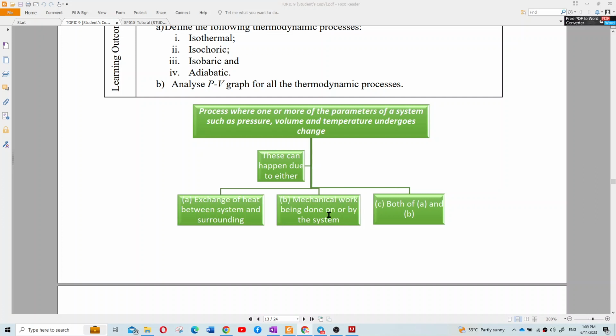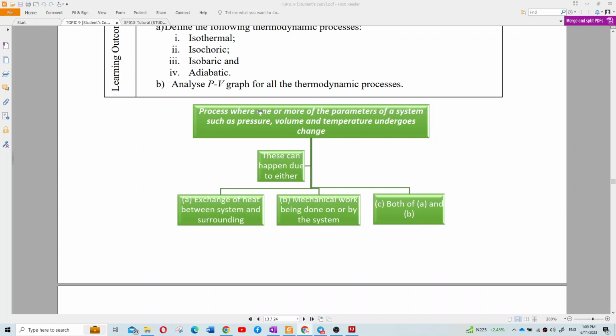Remember, work done on the system means compressing the gas. Work done by the system means work done by the gas, which means expansion. We learned this before in a previous topic.